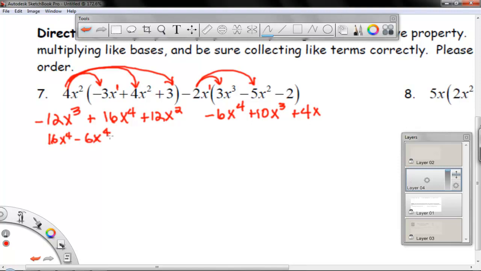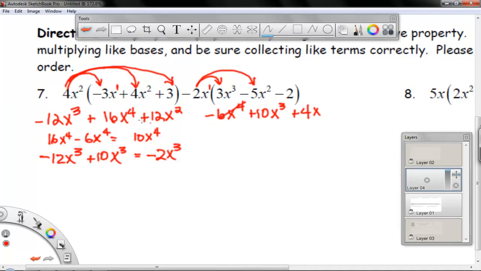I will do my highest degree terms first, and so that piece will give me 10x to the fourth. Now we'll do the x to the third: negative 12x to the third, and then I have a positive 10x to the third, which will give me a negative 2x to the third.